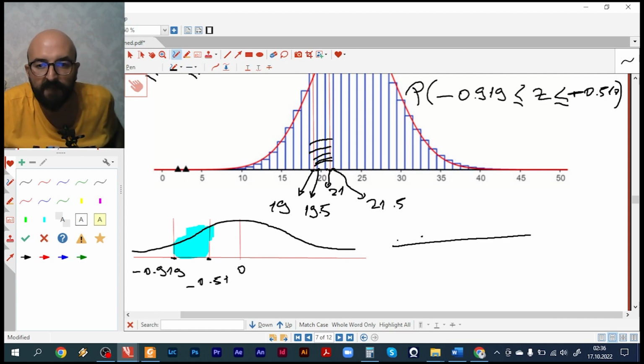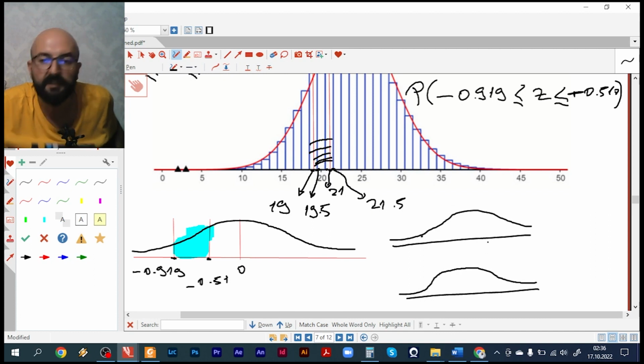But when we look at the Z table, every time we can find the big area.